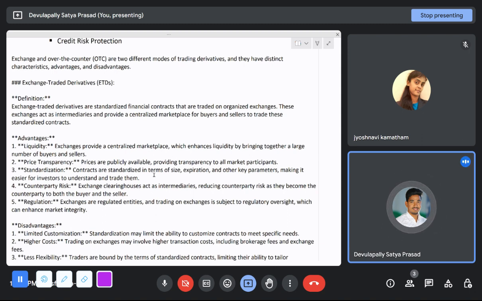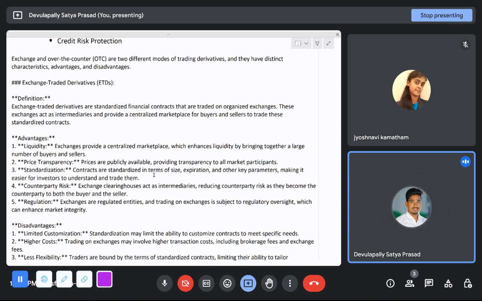That is what liquidity is. And it mitigates counterparty risk. If you make a direct agreement with a trader, there might be a risk that the trader might not be obligated to settle this contract.